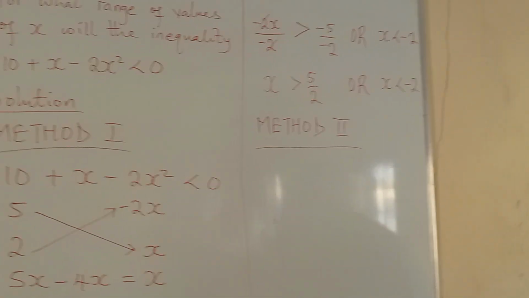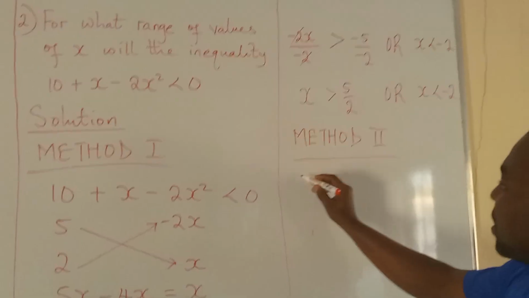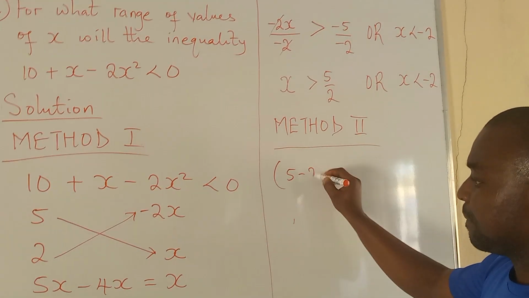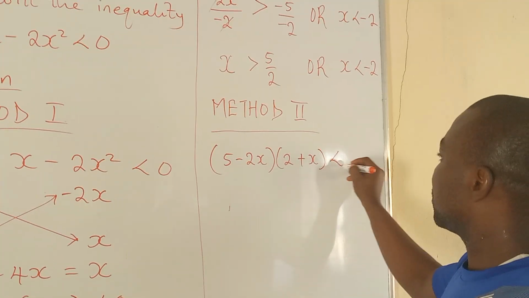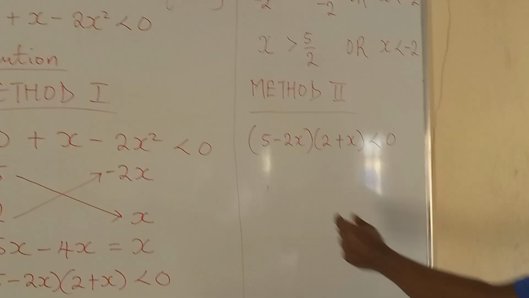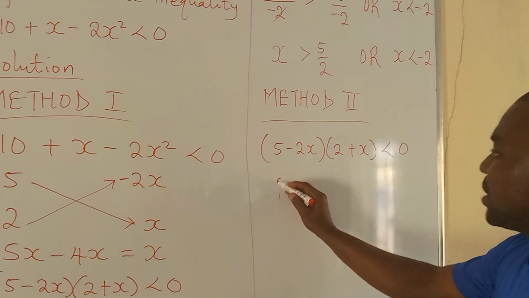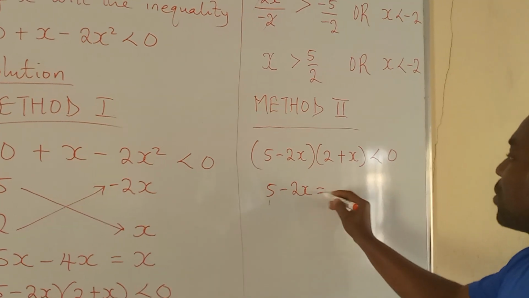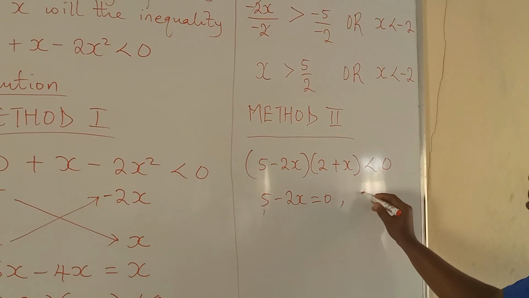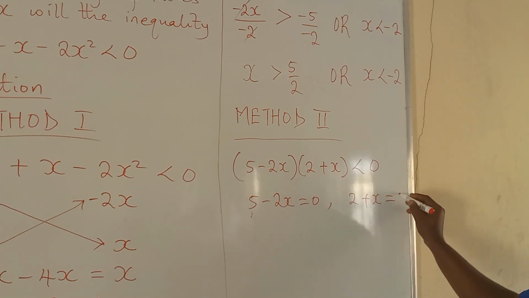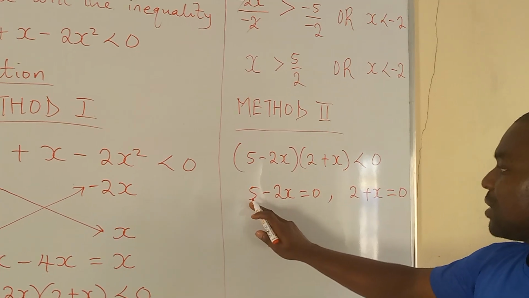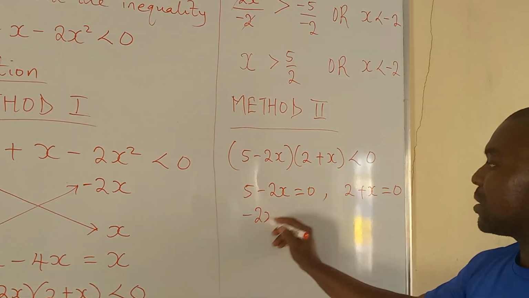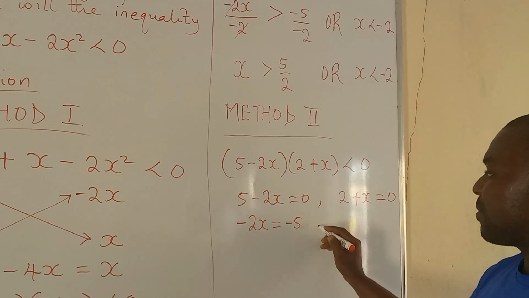In method 2, the ones you have in brackets like this, the next thing you do is equate each bracket to 0. Let's say 5 minus 2x is equal to 0, and this other bracket 2 plus x is equal to 0. If you solve this, when 5 crosses over to the other side, you have minus 2x is equal to minus 5.